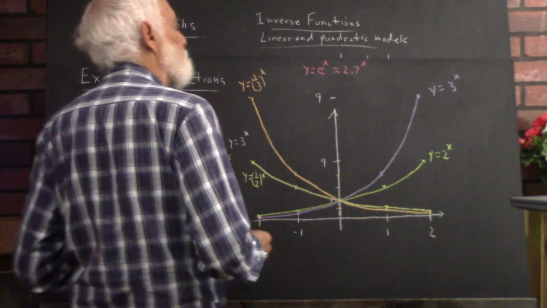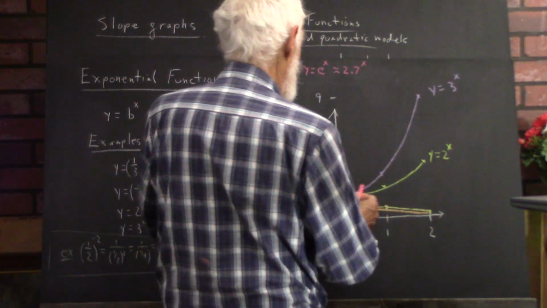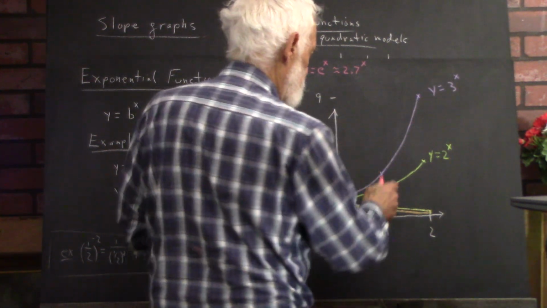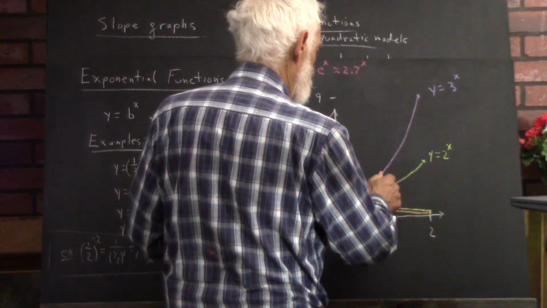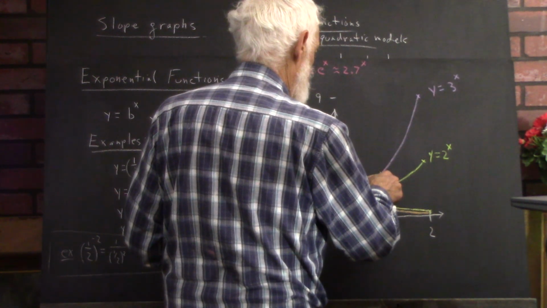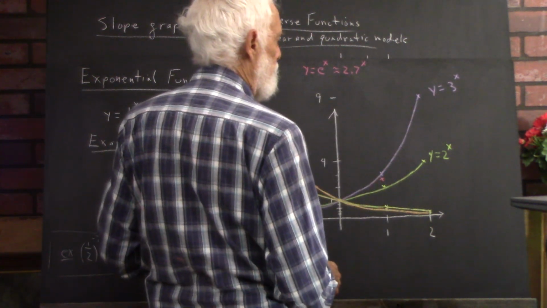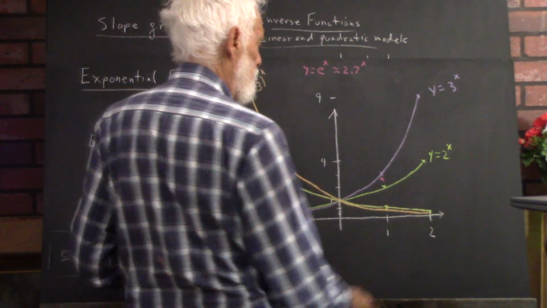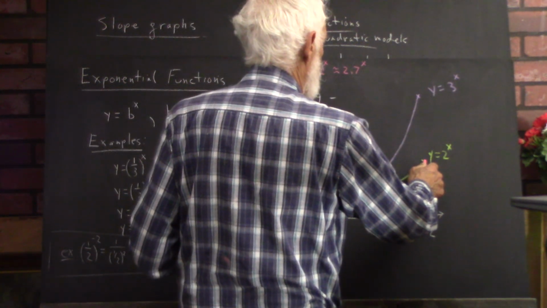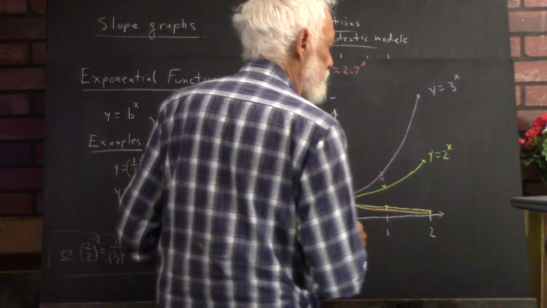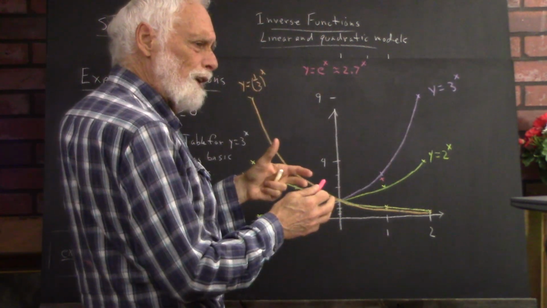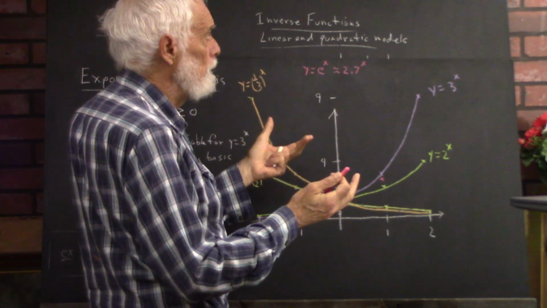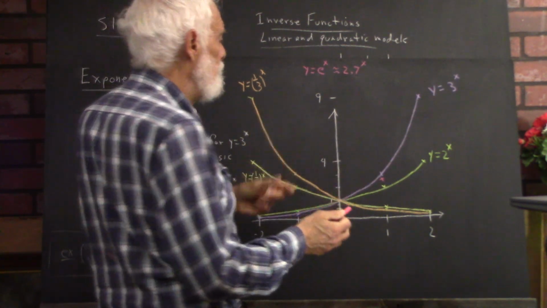Now, I can easily estimate 2.7. If the y value here is 2 and the y value here is 3, then 2.7 would probably be about here. And then we square 2.7, we get 7.29. Well, if this is 4 and this is 9, halfway between 4 and 9 is what? 6.5. 4 and 9, 13, 6.5.